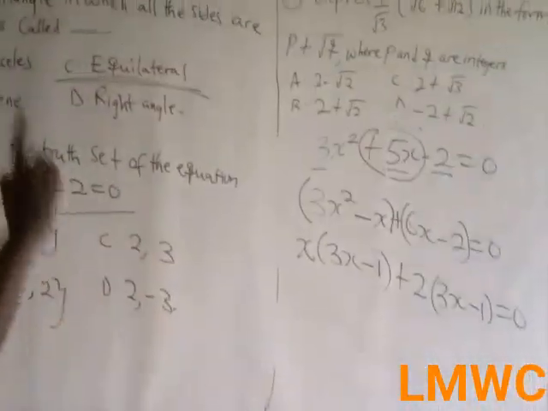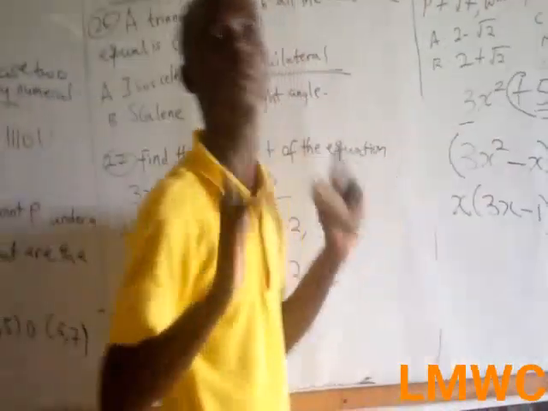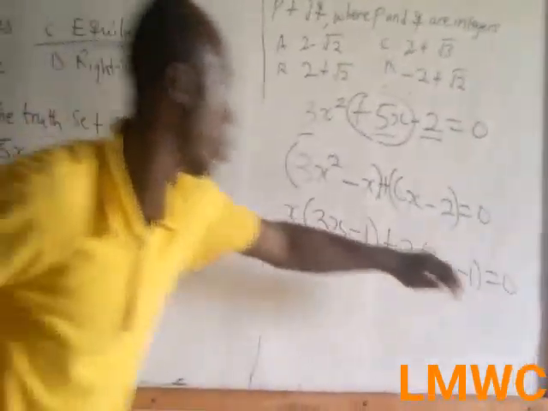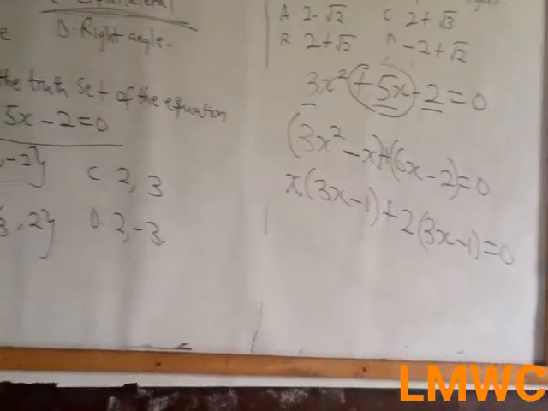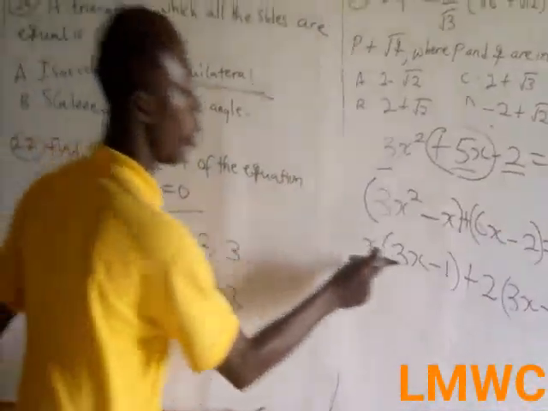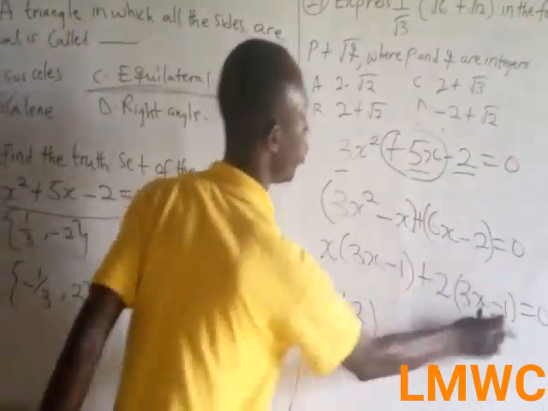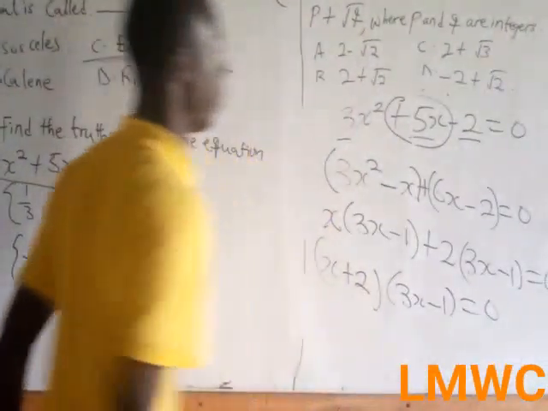And always, if you are solving a quadratic equation, what you see in the brackets, they are always equal. You see we are having 3x minus 1 here, and also 3x minus 1. That's how a quadratic equation looks like. So you add x plus 2 and you pick one of your brackets, 3x minus 1 equal to 0.